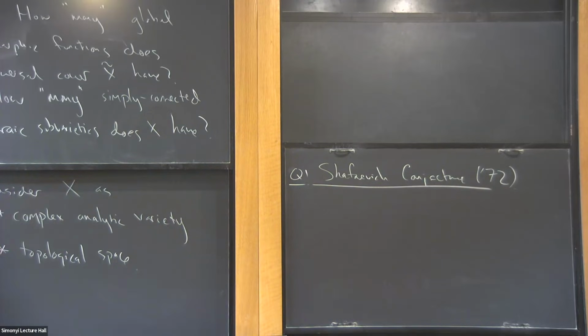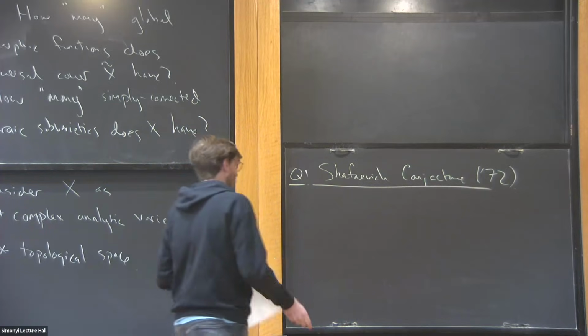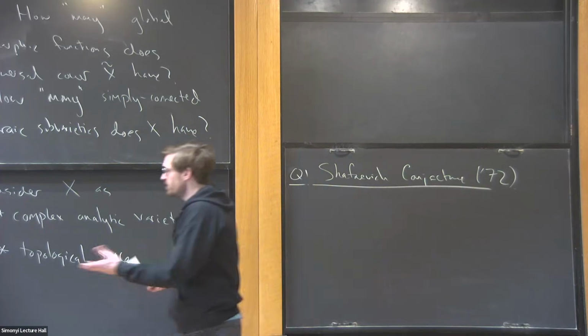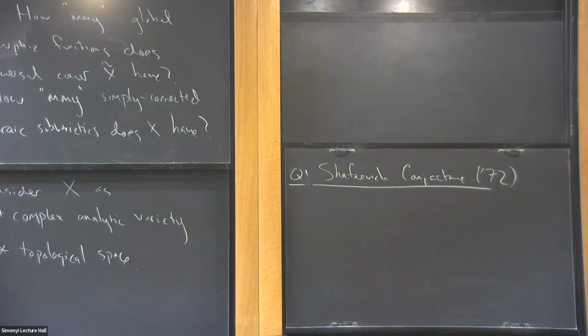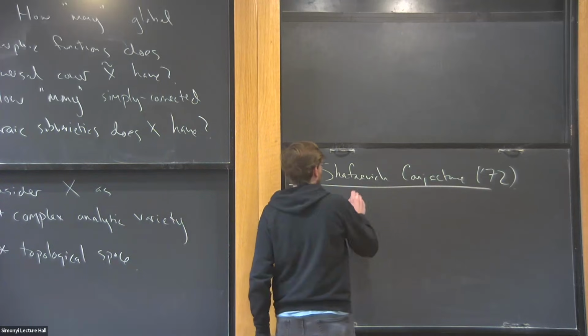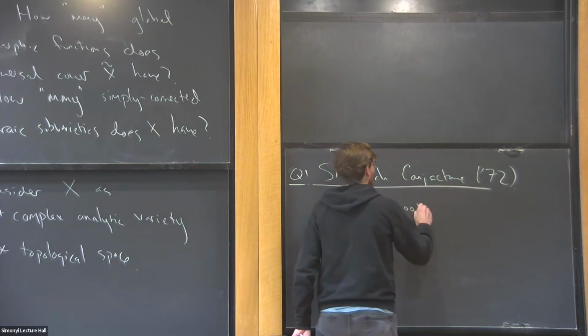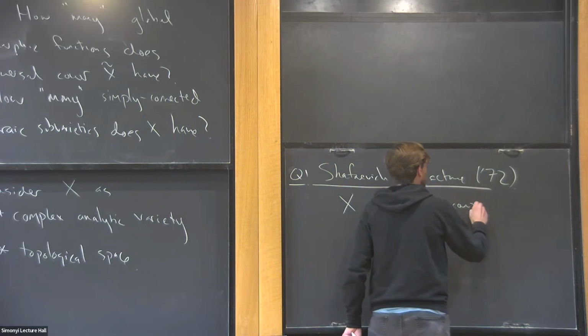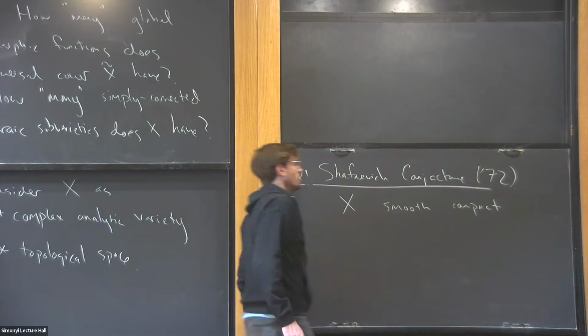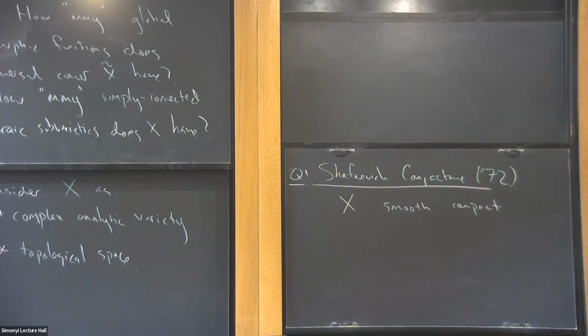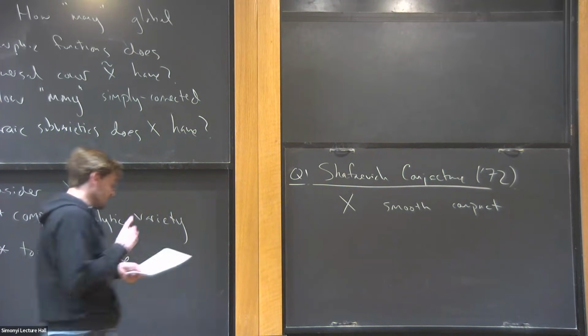Maybe it's an optimistic conjecture. Maybe that's the right word. Which suggests that in general, we just have a combination of the two phenomena we see here. So for X a smooth, compact algebraic variety, the conjecture says that the universal cover should be what's called holomorphically convex.